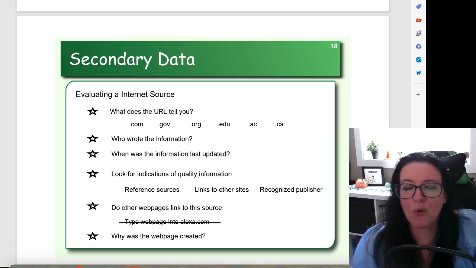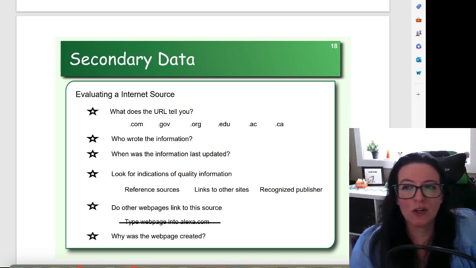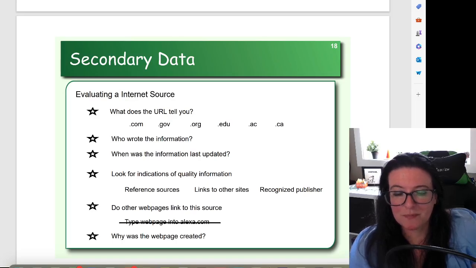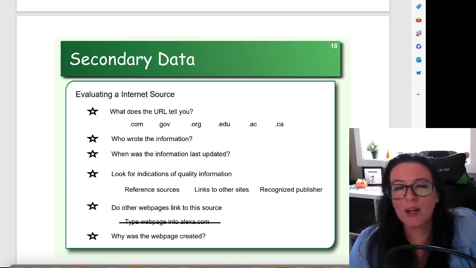So we would look for websites like .gov to indicate that it is a government source, or in Canada, we could look for .ca to tell us that it's Canadian information, and then we have .gc to show that it's the government. We could also look at whether or not it's an academic source.